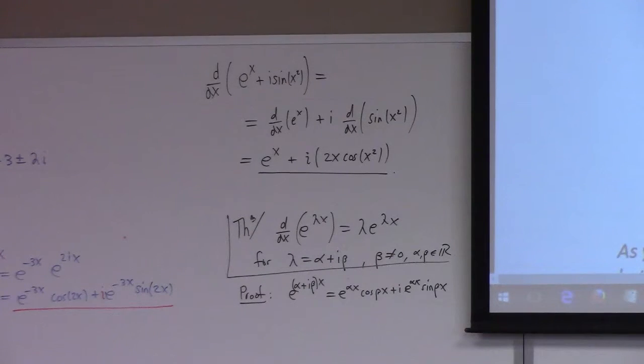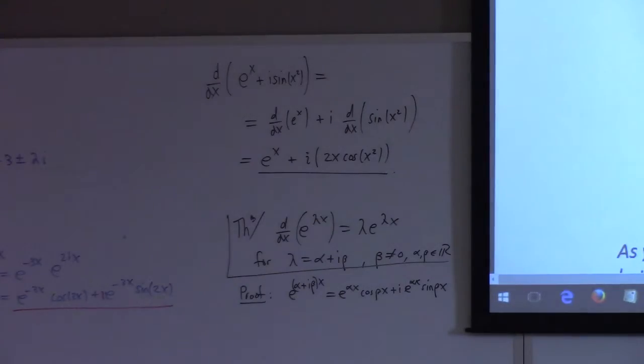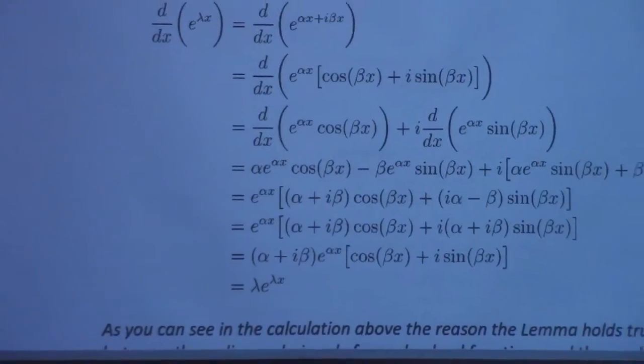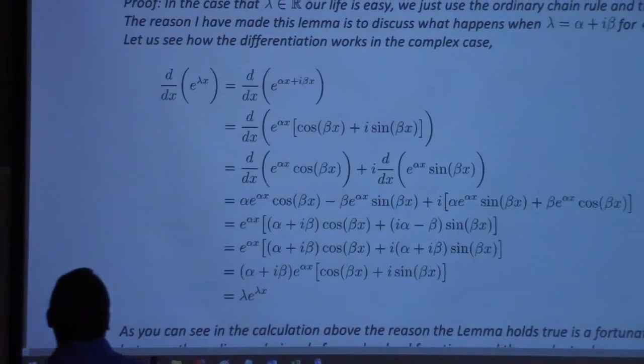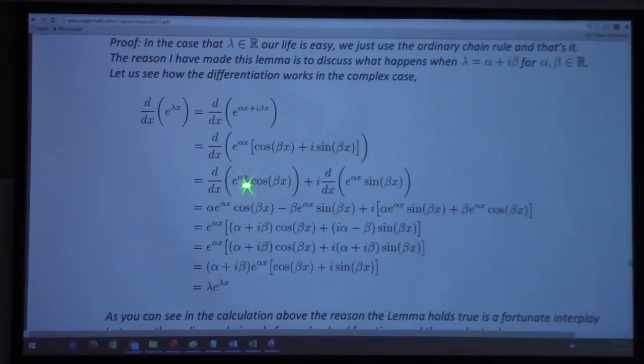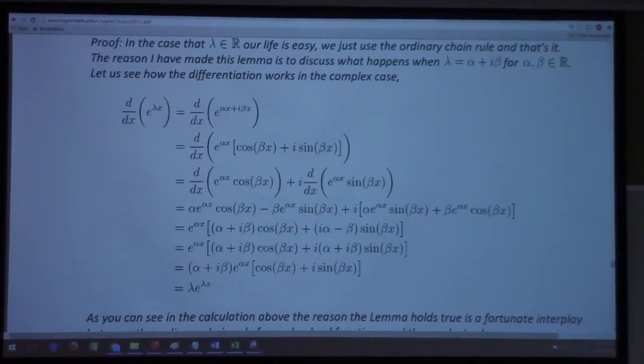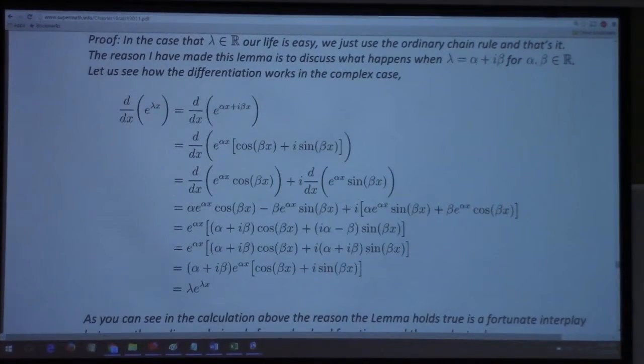So, what I have here for you, and I didn't want to subject you to me writing it out, is the proof. So, the derivative of e to the lambda x is the derivative of that, but by definition, that's e to the alpha x cosine beta x plus i sine beta x.